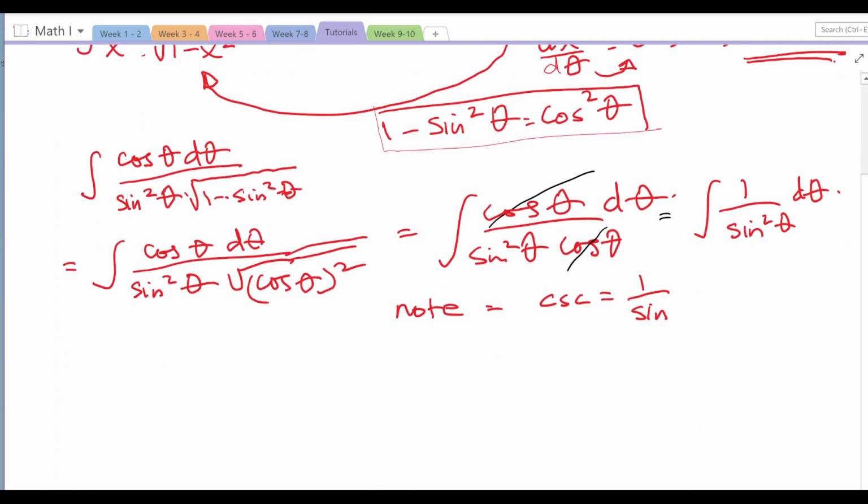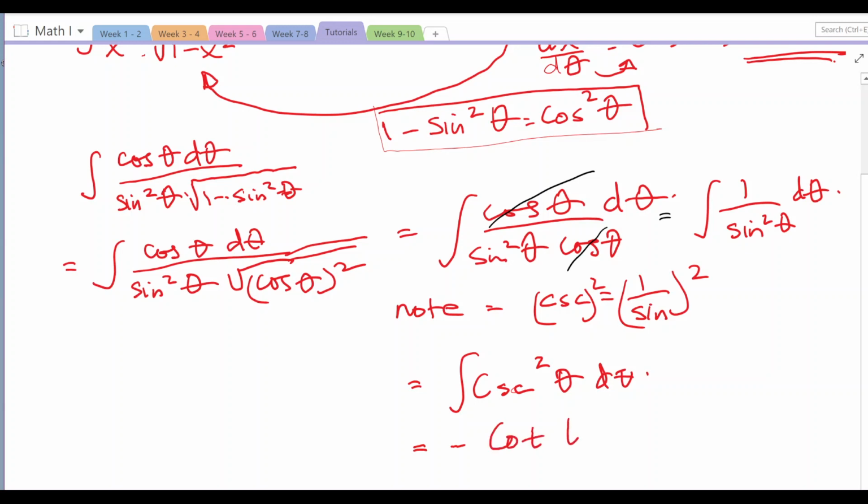So if we have 1 over sine squared theta, this becomes the integral of cosecant squared theta d theta, which we can check from our basic table of formulas: the integral of cosecant squared theta equals negative cotangent theta plus c.